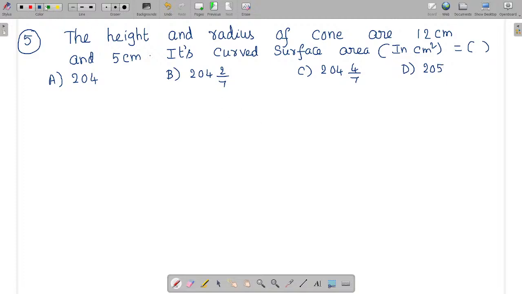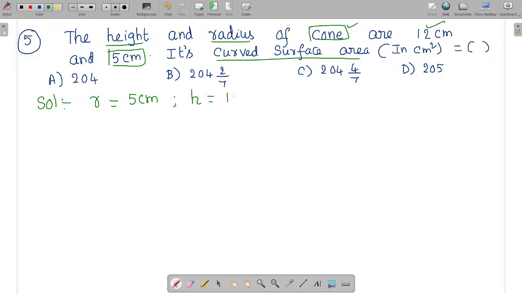See here, the height of the cone is 12 centimeters, whereas the base radius is 5 centimeters. Then we need to find its curved surface area. So here base radius r is equal to 5 centimeters, whereas height h is equal to 12 centimeters.